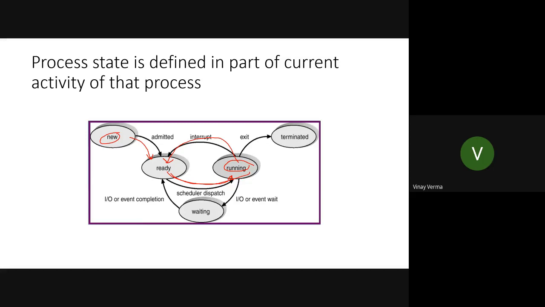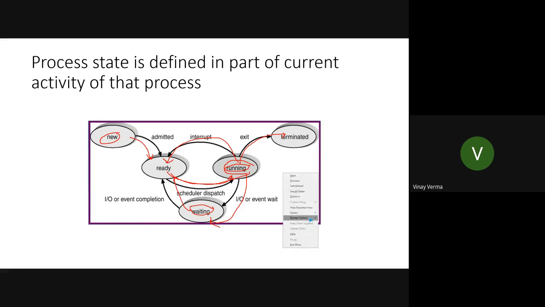Sometimes after running, we make it stop, like stop until I ask you something else. So it goes into the waiting state, and after waiting, it again goes to ready state. And if someone is not using that app, then it can directly go to the terminate step. So these are the states of processes.